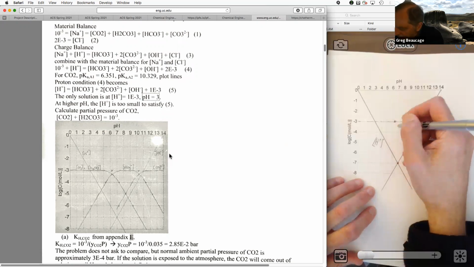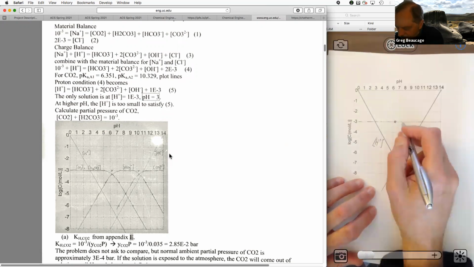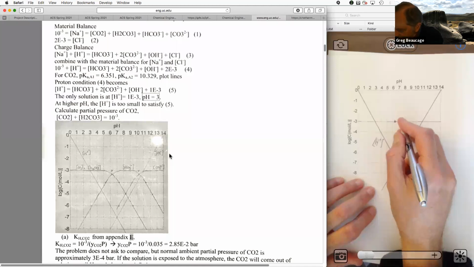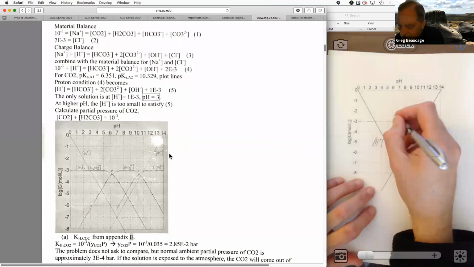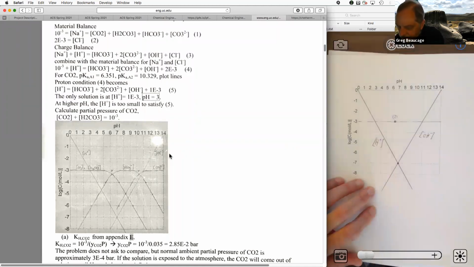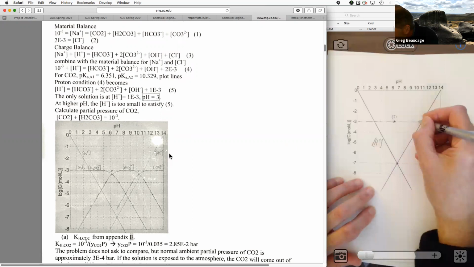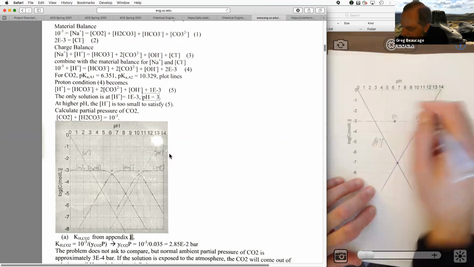And that's for reaction 2, I call it reaction 2. And then the other one is at 10.329. So 10 is here, 10.5, 10.25, 10.329 is right there. So that's reaction 1, what I call reaction 1.